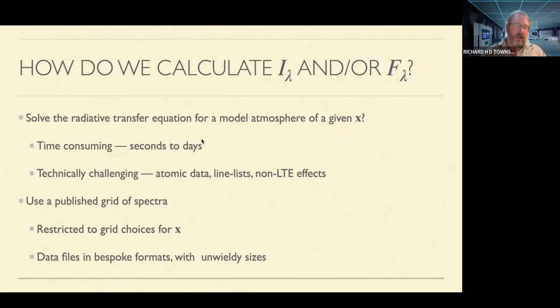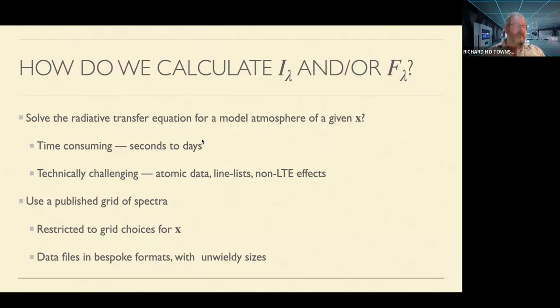So maybe you want to rely on a published grid of spectra, where a paper has come out introducing a new data product, a grid of synthetic flux or intensity spectra over some sort of mesh of different X values. But the problem with this is you're restricted to considering stars that have photospheric parameters exactly at the nodes of the grid.